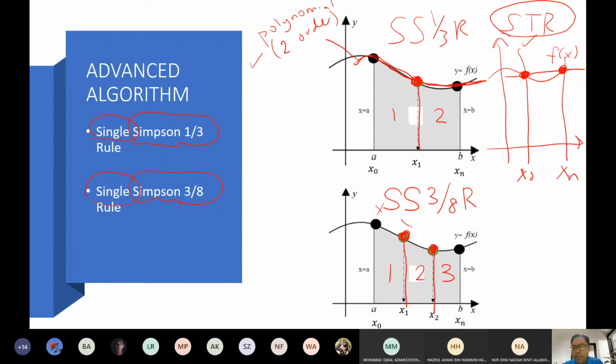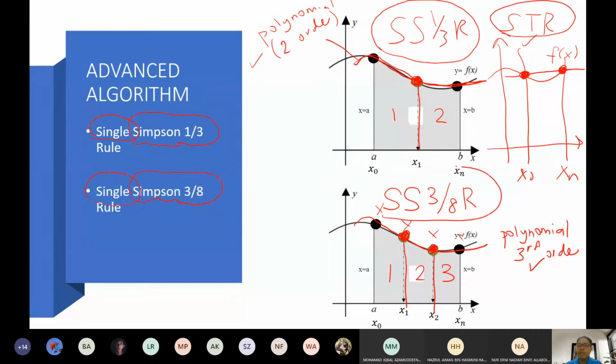Those 4 points will be connected by a polynomial curve, a polynomial function with third order. So you may get a more accurate area solution by using a third order polynomial and adding 2 interior points. The next slide will tell you how to obtain the formula for single Simpson 1/3 rule and single Simpson 3/8 rule.